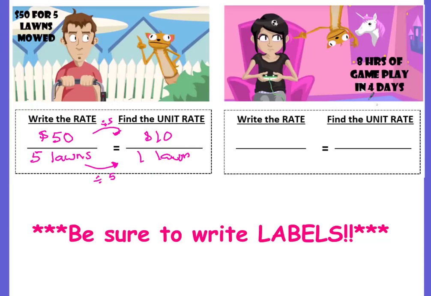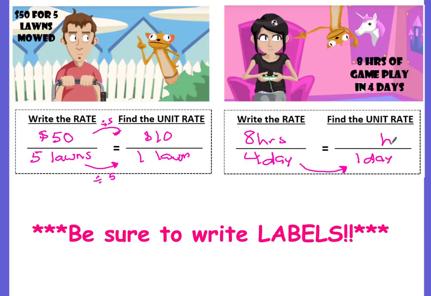Okay, 8 hours of gameplay in 4 days. There are 2 types of time here. So we're just going to write it in the order that we're given. We have 8 hours of gameplay, so I'm going to put 8 hours in 4 days. So here's our rate. To find the unit rate means that we want to go from 4 days to 1 day.